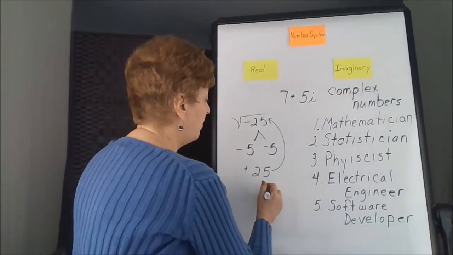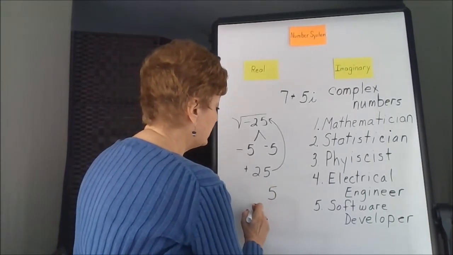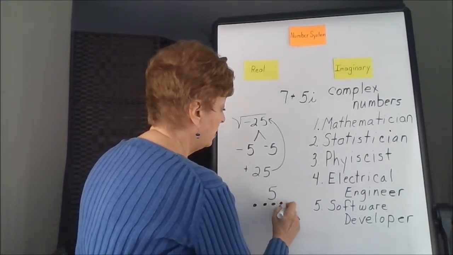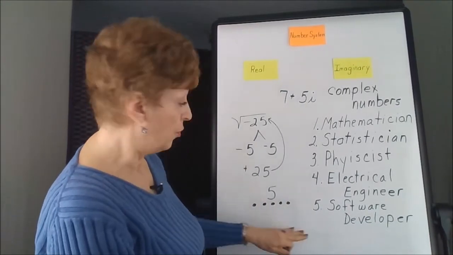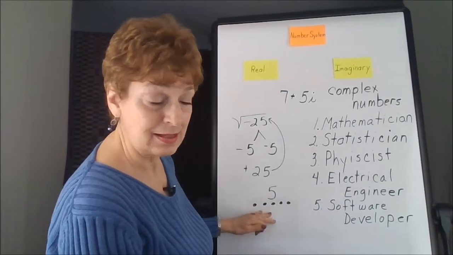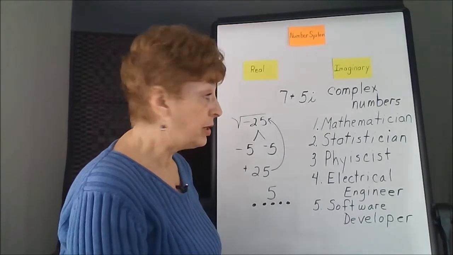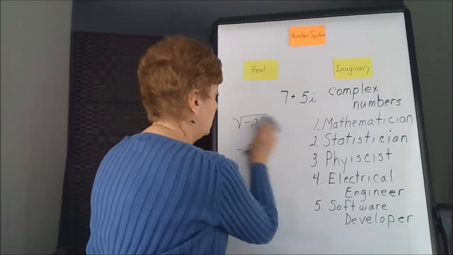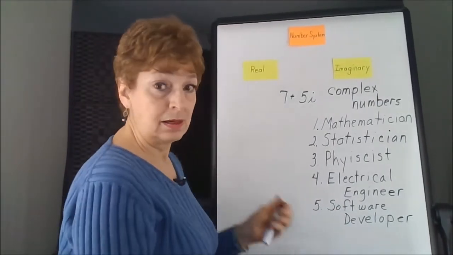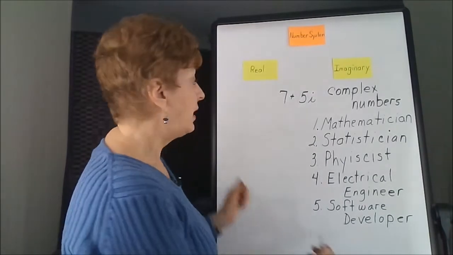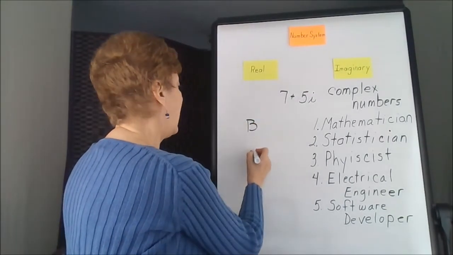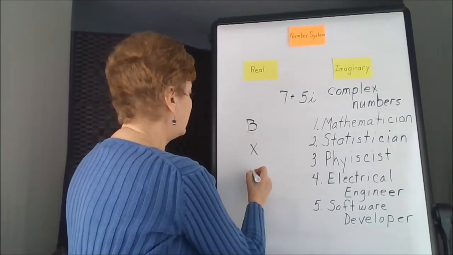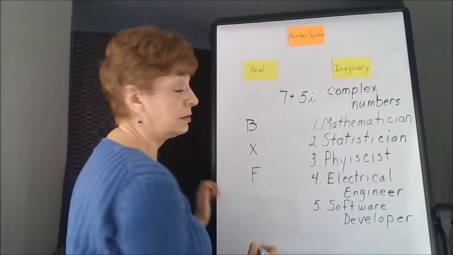This number 5 is really representing this value. It's a symbol for this set of dots. And we're used to symbols even in our reading and spelling, because this is a symbol, and this is a symbol, and so is this a symbol.